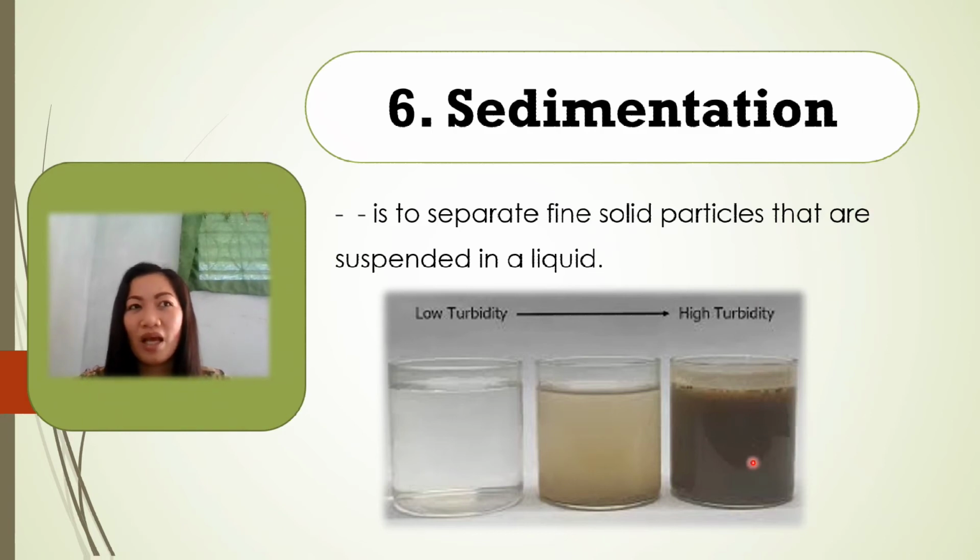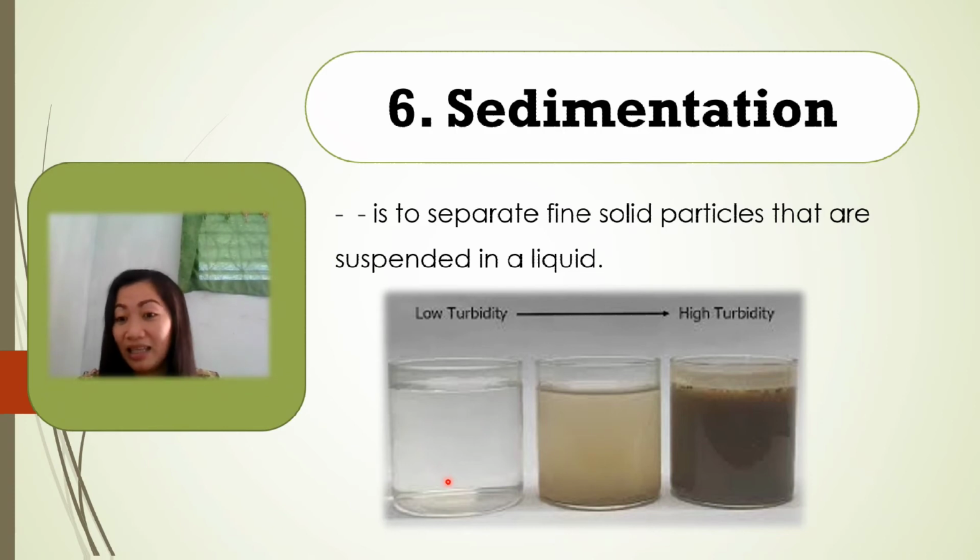The water is left to stand and solid particles slowly settle down at the bottom of the container. We accelerate this process by adding alum to the solution. The clean water we get by sedimentation still has a lot of bacteria, even if it's already clean.